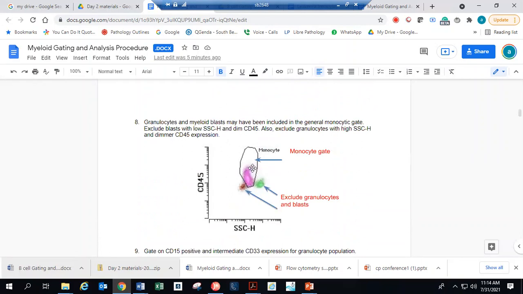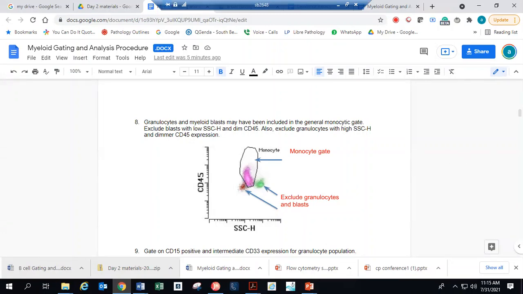So again, the monocyte gate. As I was telling, side scatter, right? As we have been talking again and again, the highest side scatter would be for the granulocytes, middle will be monocytes, and the blasts will be having the low side scatter. In the CD45 versus side scatter gate, the lymphocytes will be on top with the highest CD45, and in between, the lymphocytes and the granulocytes will be the monocytes.